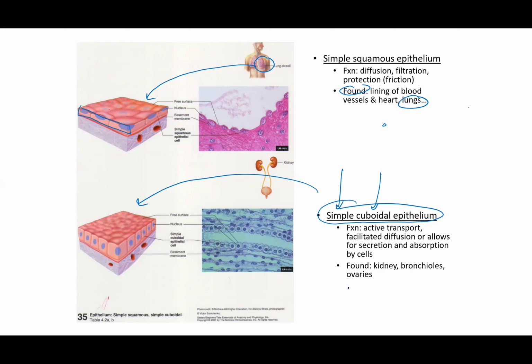So automatically, you should be thinking diffusion, secretion, absorption, because it's thin. We would find this in the kidneys. So under a microscope, you can see it has these cube-like shapes, and it's also one cell layer thin.